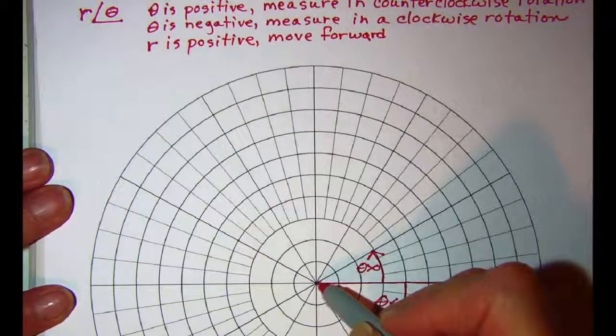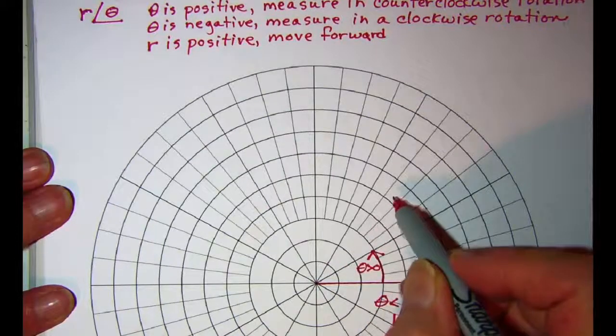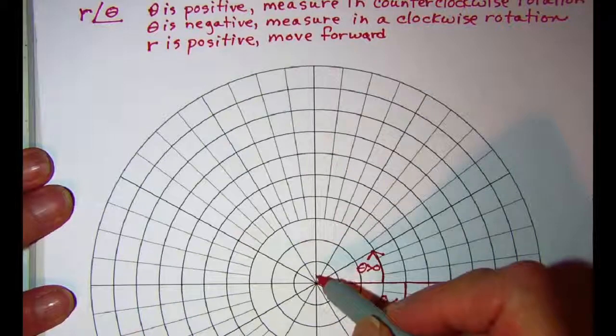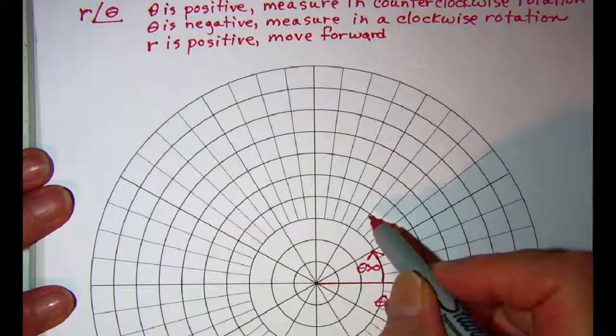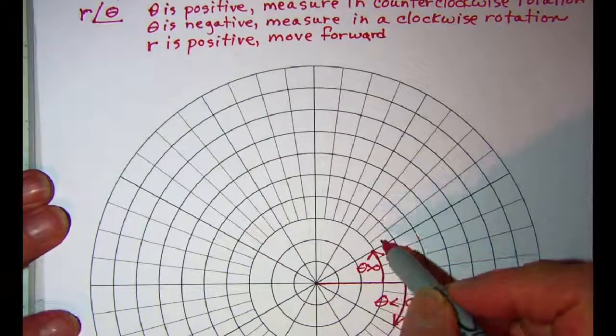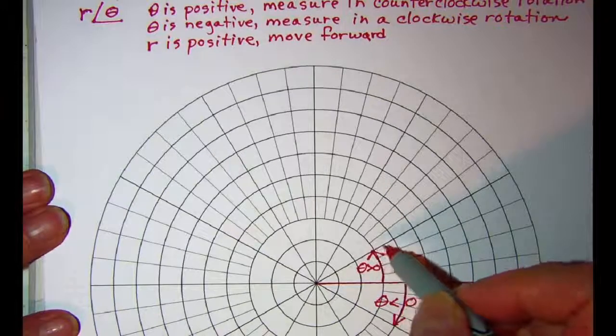So if r is positive, we would start at the center point and move away from that point on the vector that we've designated for theta.